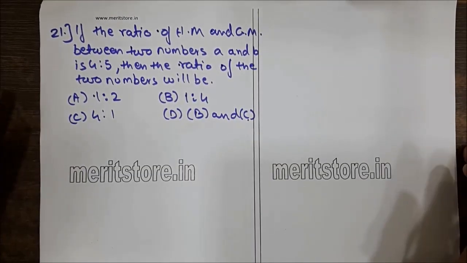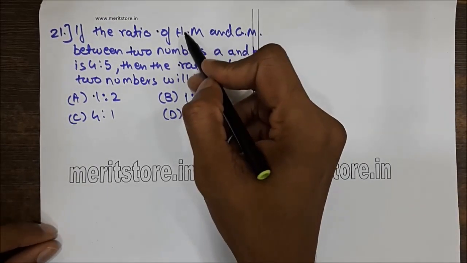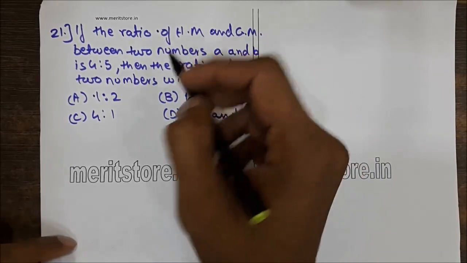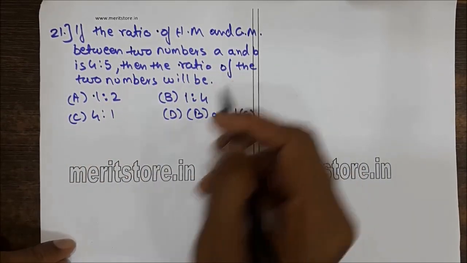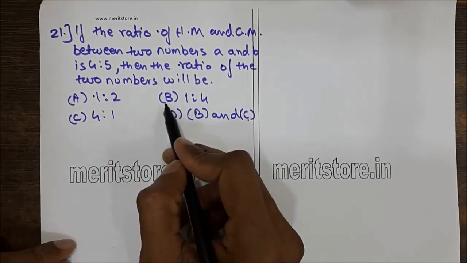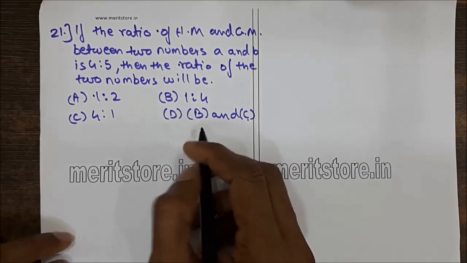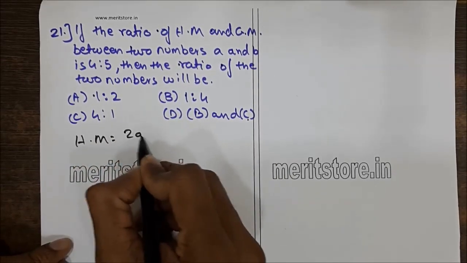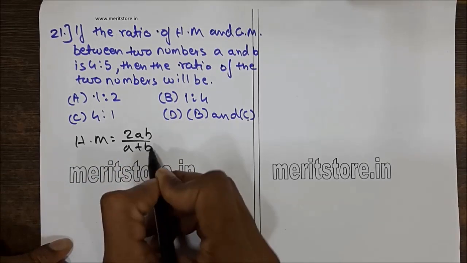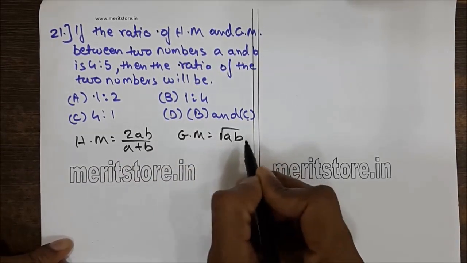Question 21. If the ratio of the harmonic mean and the geometric mean between two numbers A and B is 4:5, then the ratio of the two numbers will be, we have four options: A 1:2, B 1:4, C 4:1, and D B and C. So we have harmonic mean as 2AB upon A plus B and geometric mean as root AB.